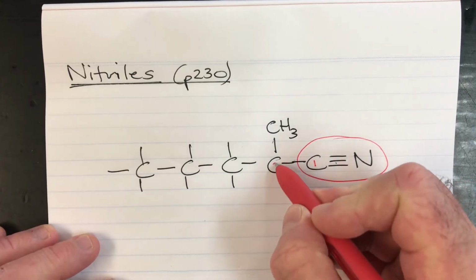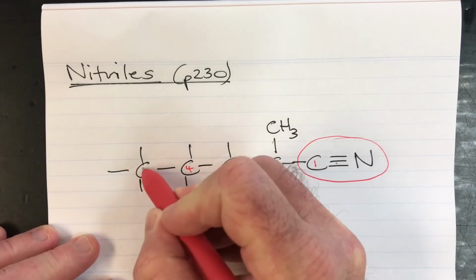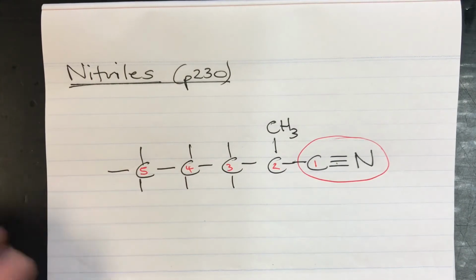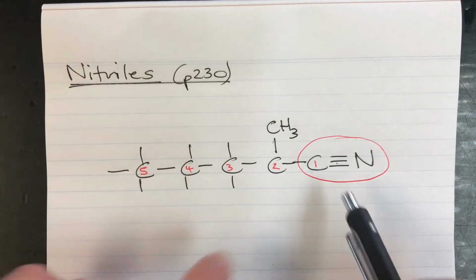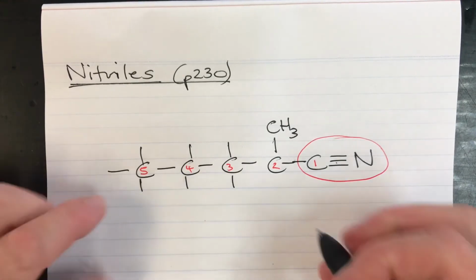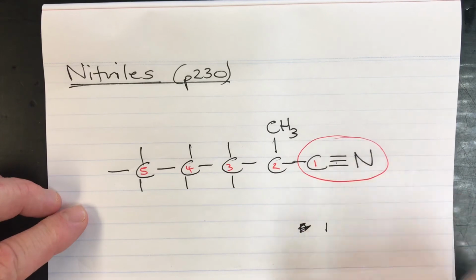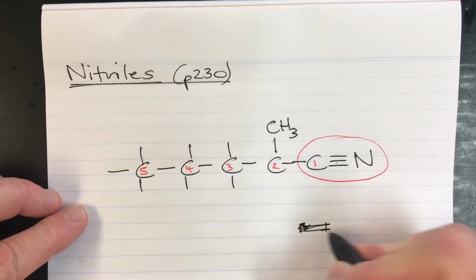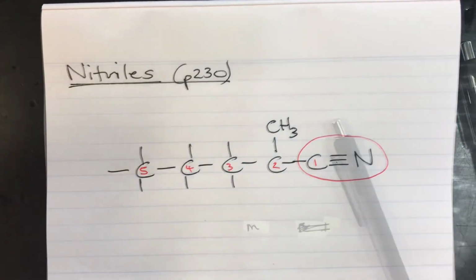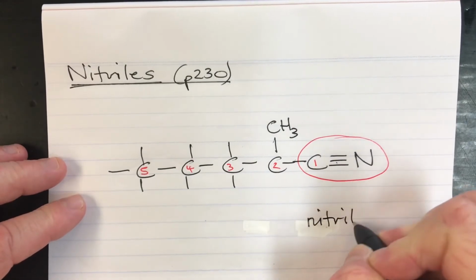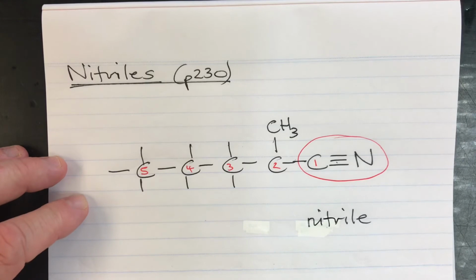So that'll be 1, 2, 3, 4. There's 5 carbons. And because it's got a nitrile functional group, the name will actually finish in the suffix nitrile.